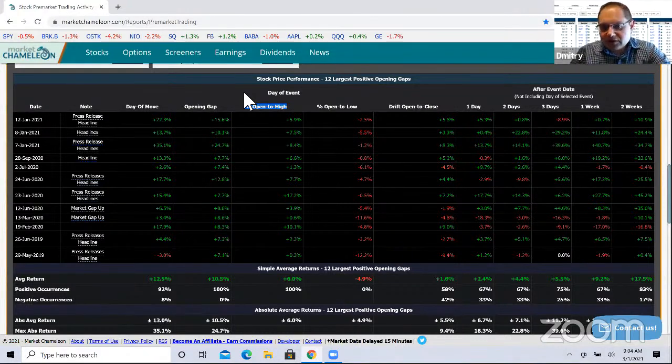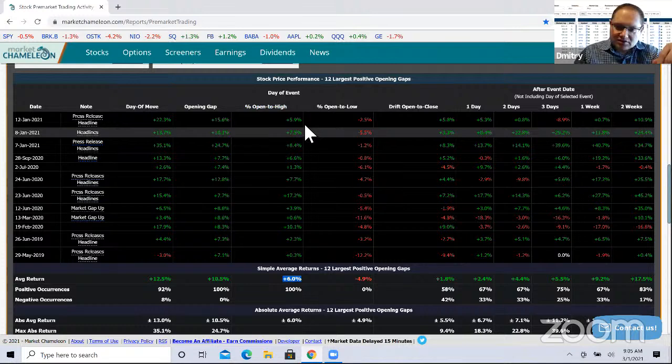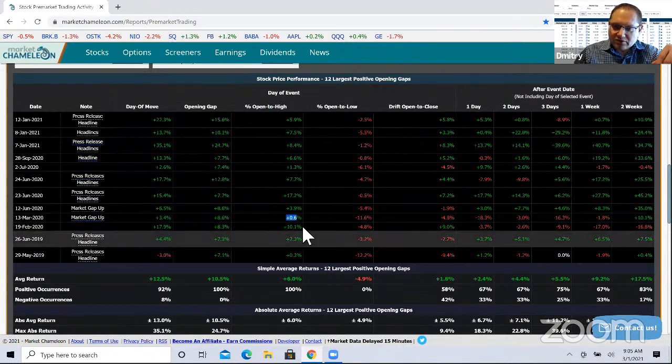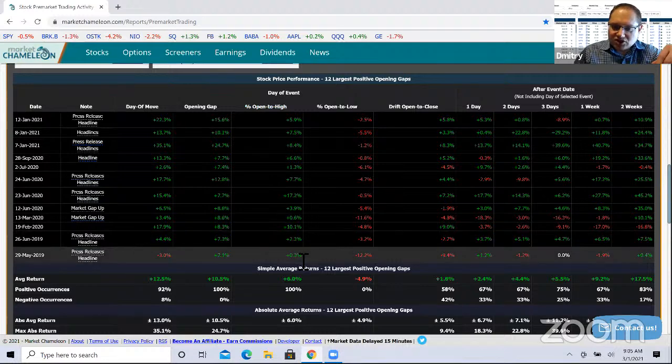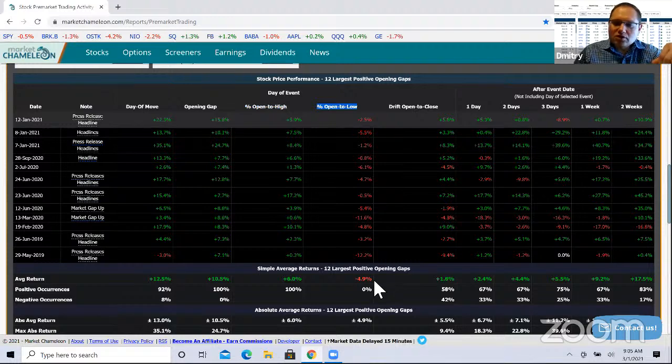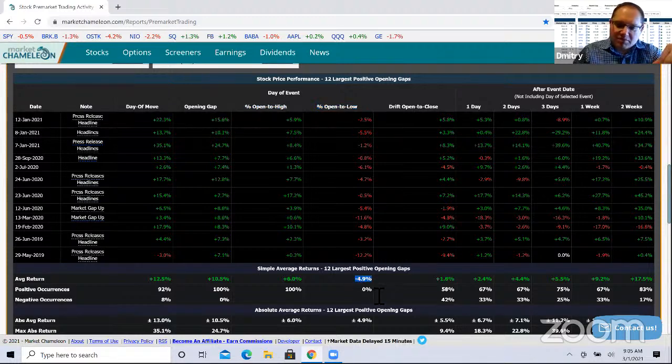From the open to the high of the day, on average, it gained 6%. So from the open to the high of the day, 6%. You can see here these are the ranges for the last 12 observations. From the open to the low, the average move was down 4.9%.